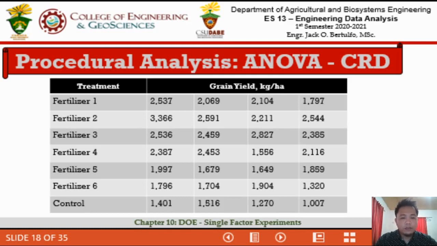You have different fertilizers, and you want to study the effect of every fertilizer on the grain yield of your plant. Okay, so you have fertilizer 1 here, then its corresponding grain yield in kilograms per hectare. So you have fertilizer 1 up to the control.